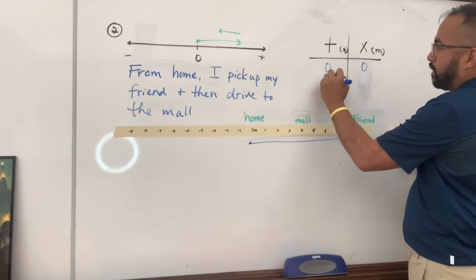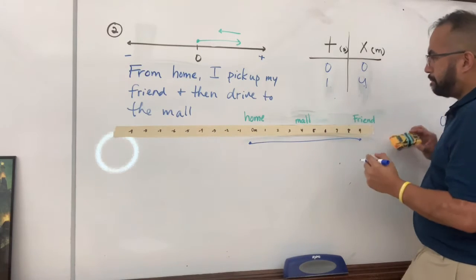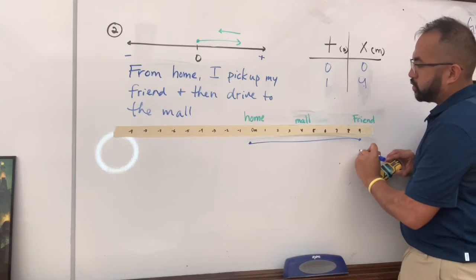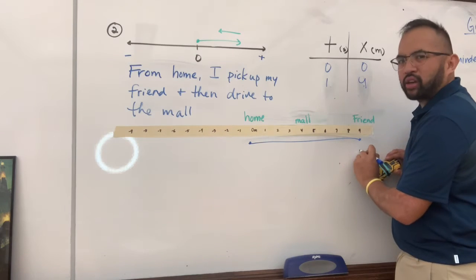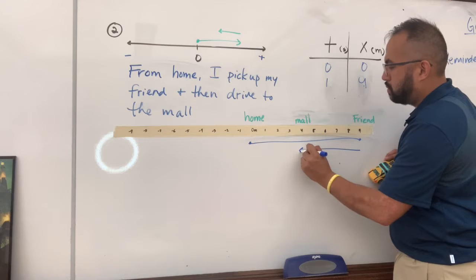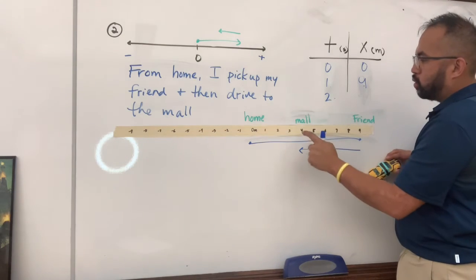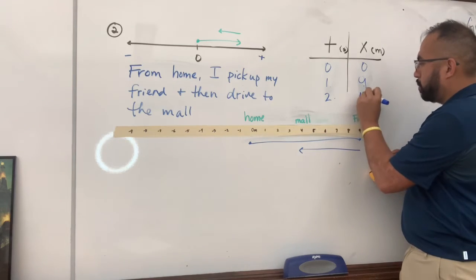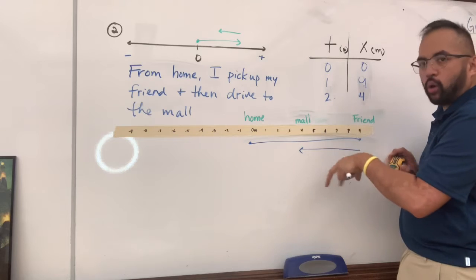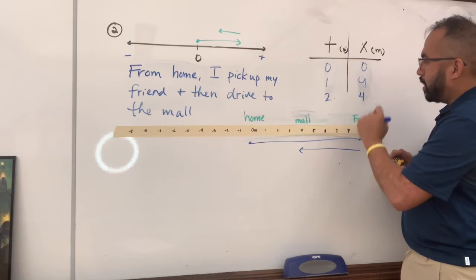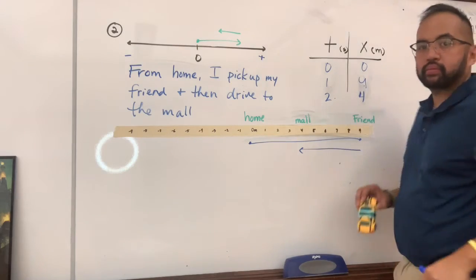In 1 second, for our example, you're at 9 meters. Then from your friend's house, you're going to go to the mall, but in this case, you're going back towards where you started from. At time 2, your position is 4 meters. Remember, you're not subtracting from 9 or 4 or anything like that, you're just indicating what position you are at a specific time.